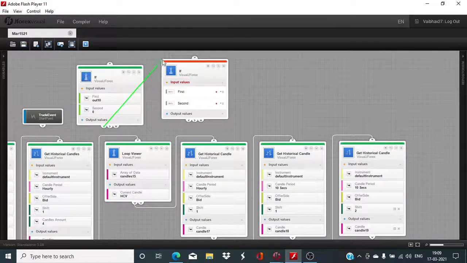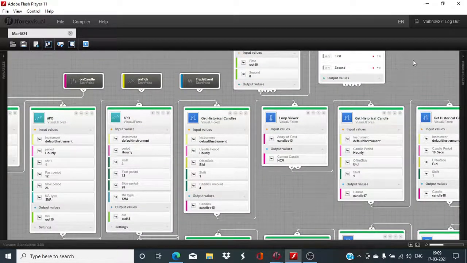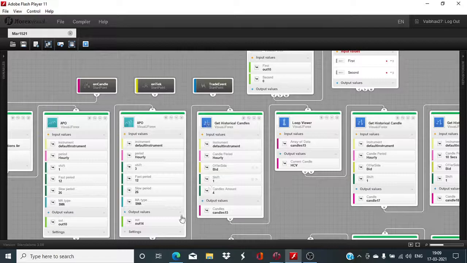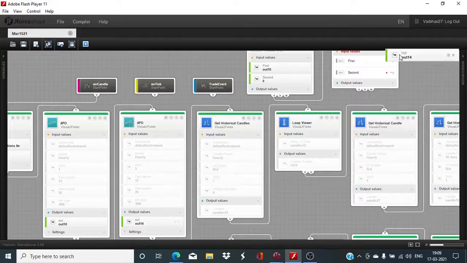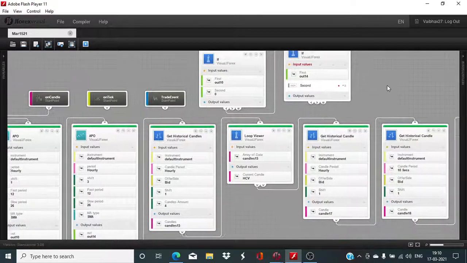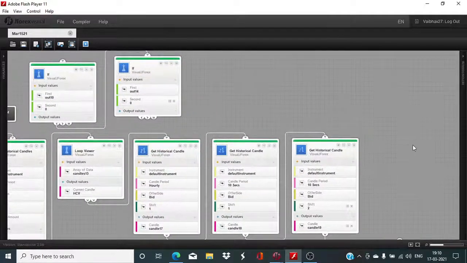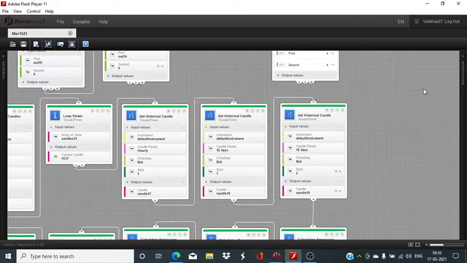So first input less than second input. Then we want the APO value 3 hours back to be above 0. So first input greater than second input.